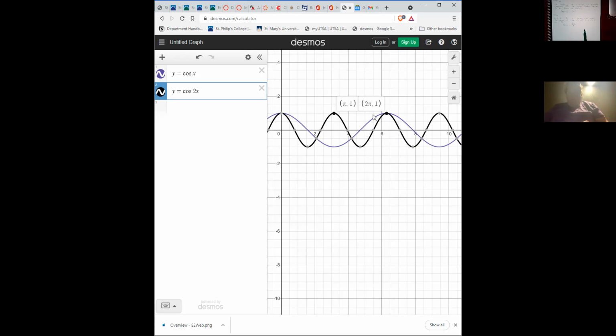The original takes 2 pi. If there's a number here, it's going to change the period. Now, let's compare that to a half real quick, but do you guys have any questions on period so far before I continue some more?